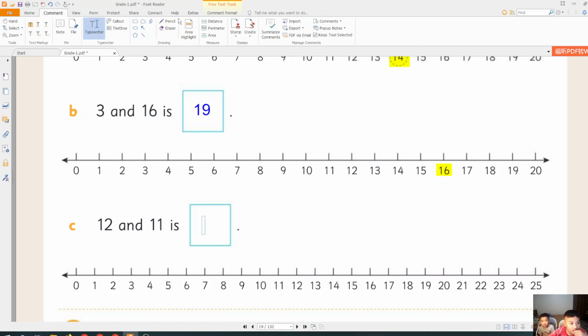Next. Oh, yes, it's so easy. Let's count. It's 12 plus 11. Oh, I think it's harder. Let's start with 12. This is number 12. Let's start counting. 12, 13, 14, 17, 18, 19, 20.